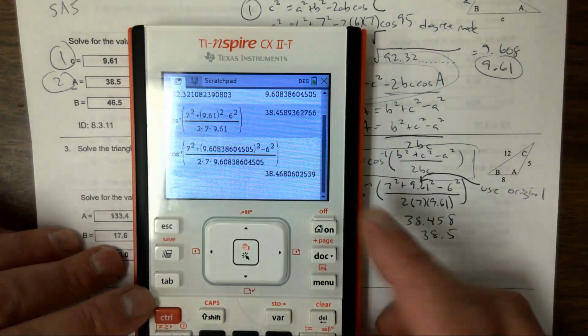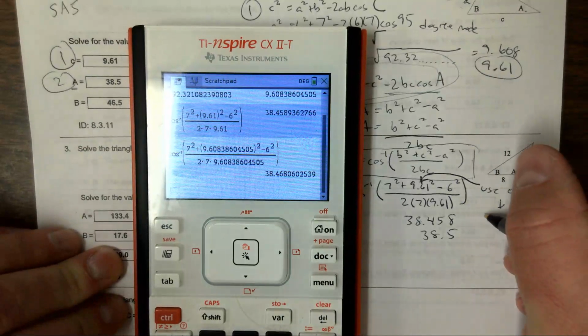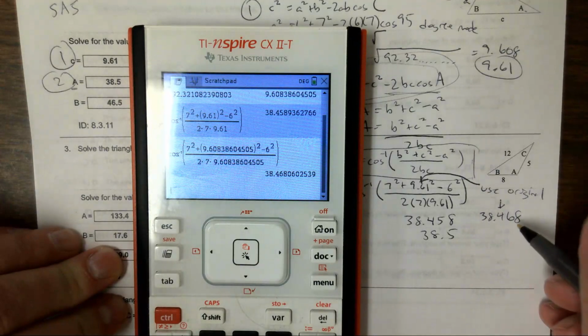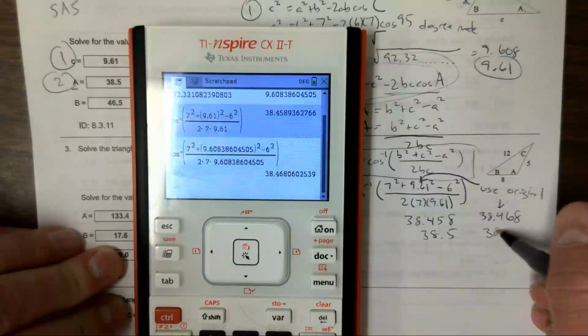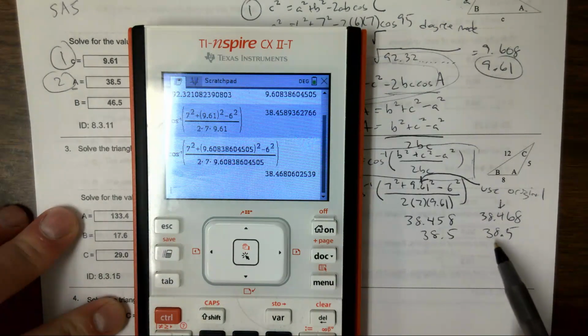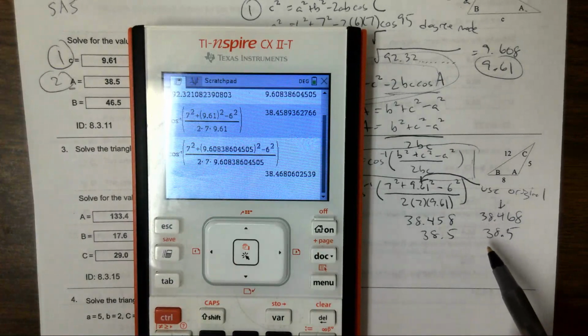Okay, so when I do that, I get 38.468. And so this one will also go to 38.5. So I guess in this problem, it didn't matter too much, but anyway, we'll see.